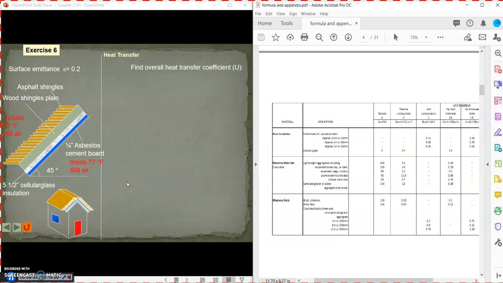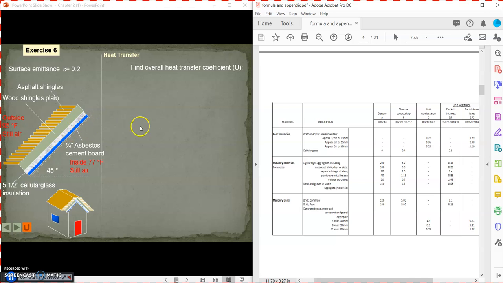Alright, the next question. This is quite different. As you can see, this is the side view of a roof here. Of course the heat transfer is from the upward to the downward, because the sun is from outside to the downward.